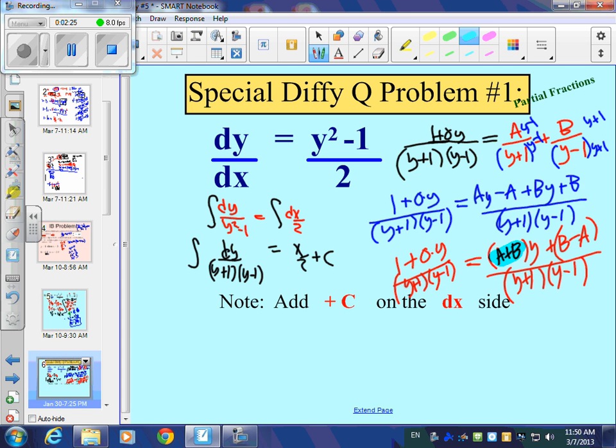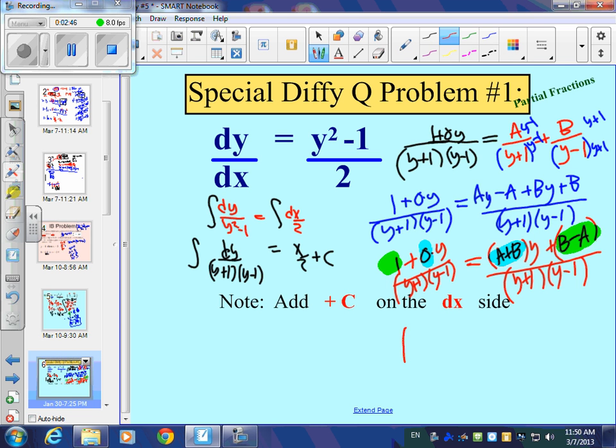A plus b times y maps with what? Nope. 0, right? 0y is equal to a plus b times y. And then what does the b minus a map to? There's your 1.